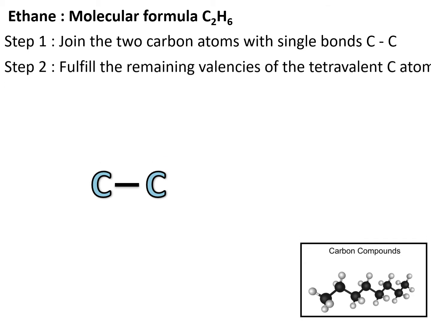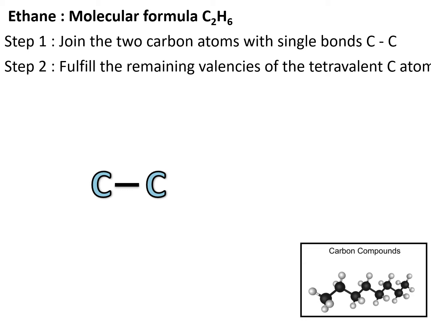Then the next step is to fulfill the remaining valencies of the tetravalent carbon atoms. Now there are 6 hydrogen, and each carbon is tetravalent in nature. Out of the four valencies, one is fulfilled when the two carbon atoms are joined by a single bond.